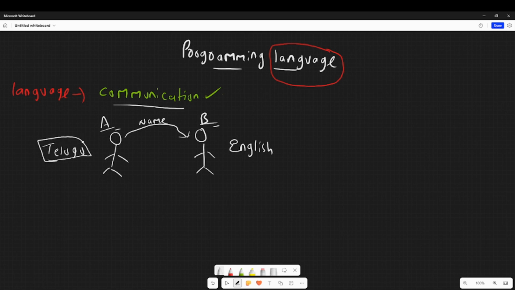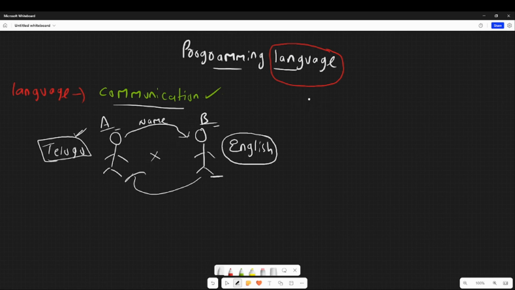The only way to communicate with candidate B is language. He will ask candidate B, what's your name, in Telugu, but candidate B cannot understand what he is talking about because he only knows English. So he cannot understand what candidate A is saying.